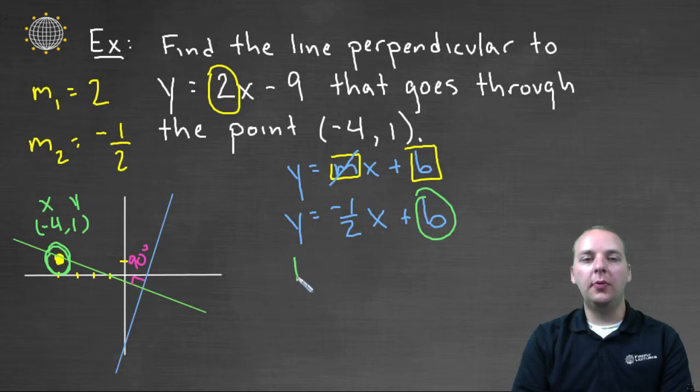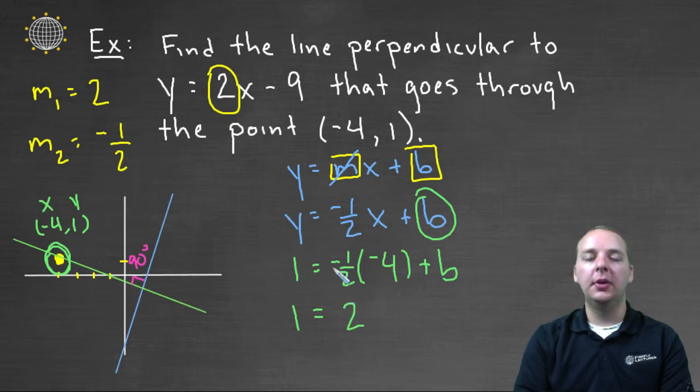So let's plug in 1 for y, and we'd have negative 1/2 times negative 4, that's your x, plus b. This simplifies to 1 equals, negative 1/2 times negative 4 makes positive 2. That's a negative times a negative, which is a positive, and a half times 4 is 2, of course, plus b.